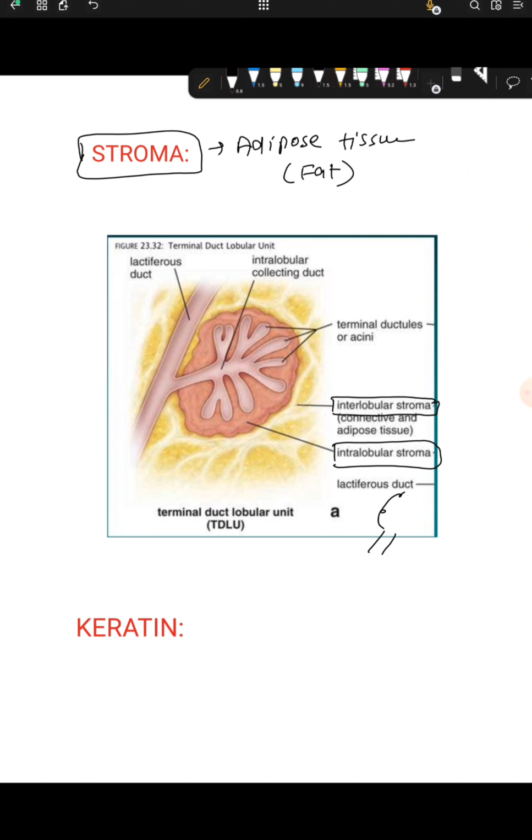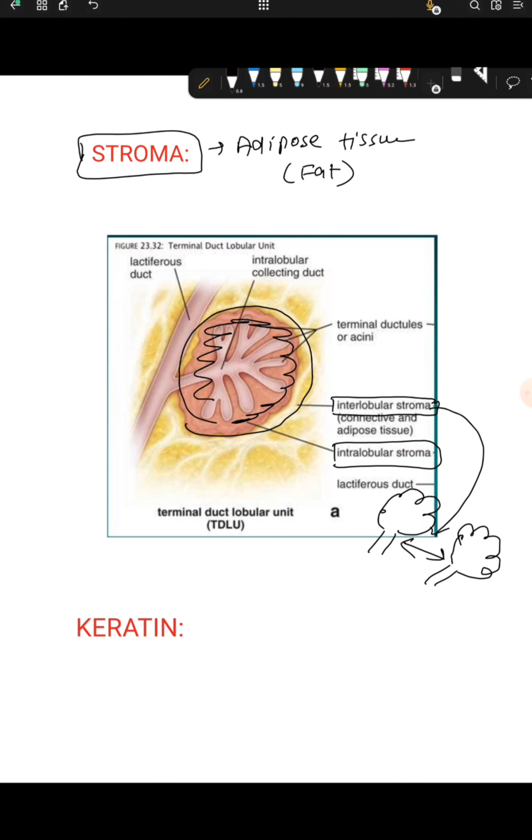For example, this is one lobule, this is the second lobule. So between them is the interlobular stroma. What is the intralobular stroma? So this is the lobule, and everywhere inside it is the intralobular stroma, which is basically the adipose tissues or the fats.